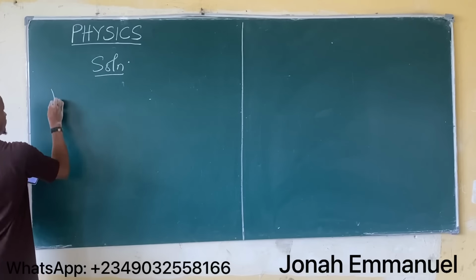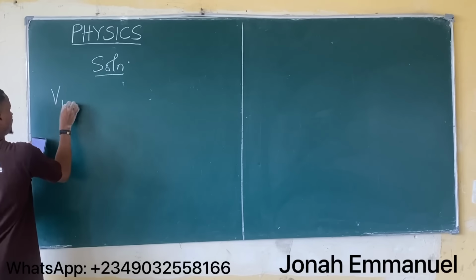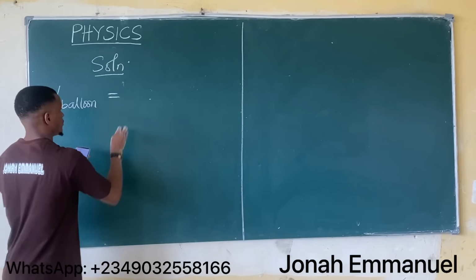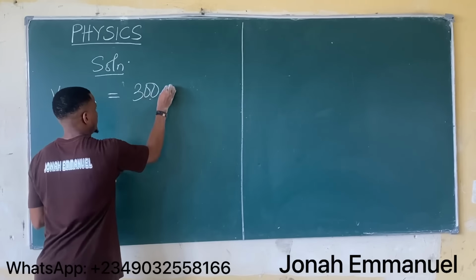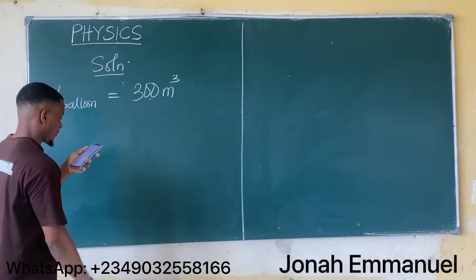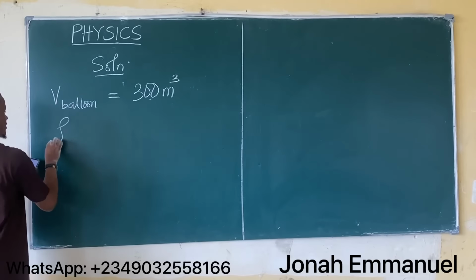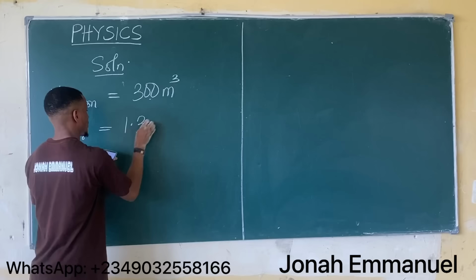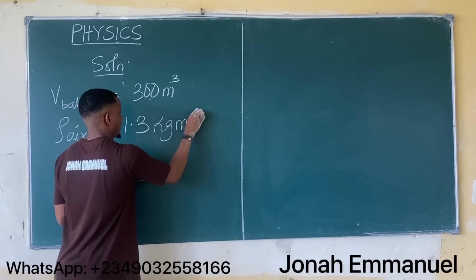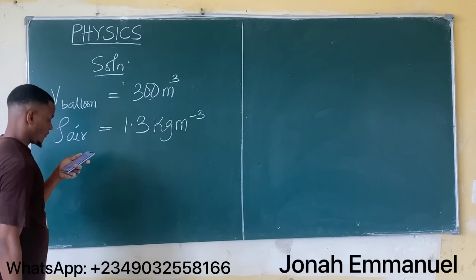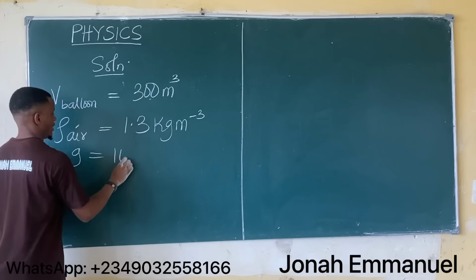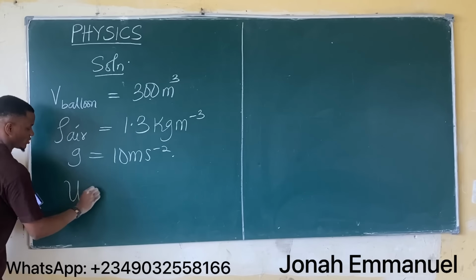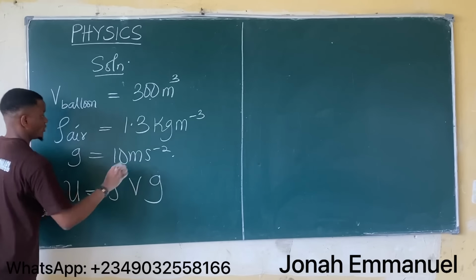I'm given the volume of balloon to be equal to 300 meter cube. Density of air is equal to 1.3 kilogram per meter cube. g is equal to 10 meter per second squared. Find upthrust. You know that upthrust is equal to rho Vg.